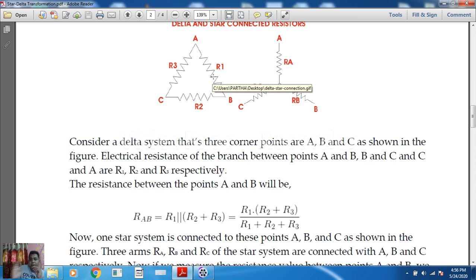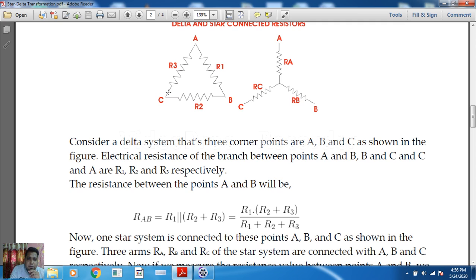So now simply think, suppose between A and B, that through a terminal current is entering into the circuit. Coming into the A terminal, it can find two ways to go, R1 and R3, two directions. So the current will divide.